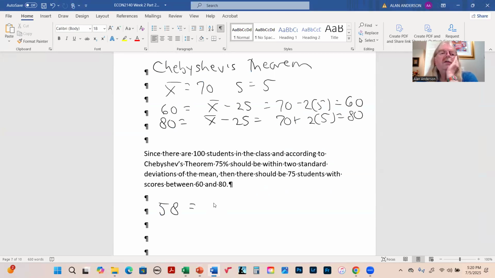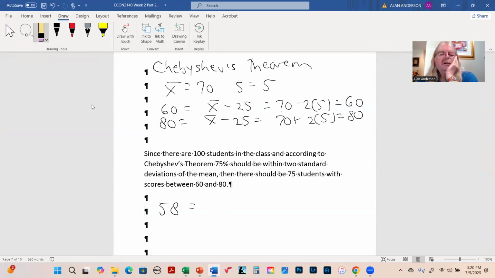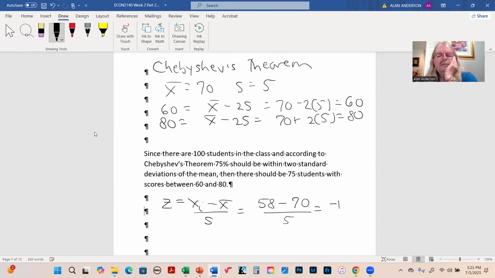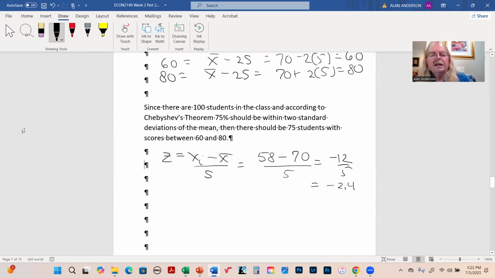Well, if you take that formula we had earlier, so in other words, we use that formula to tell us that 58 is 2.4 standard deviations below the mean.